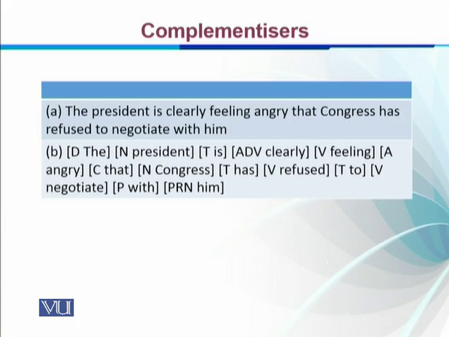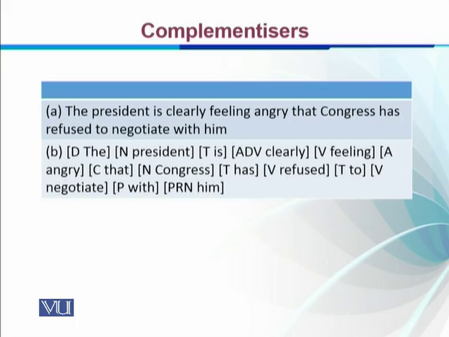The is determiner, president is noun, T is time marker, adv is adverb, V is verb, feeling is verb, A is adjective, C is complementizer, and it introduces a finite clause, and has is time marker, refused is verb, to is infinitival, and it's also a time marker, V is verb, negotiate is a verb, with is a preposition, and him is a pronoun.